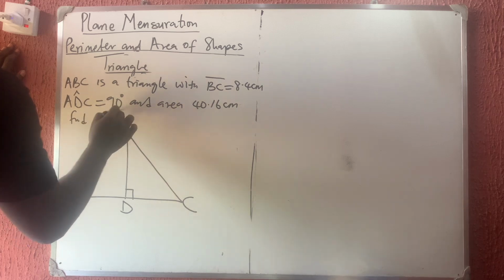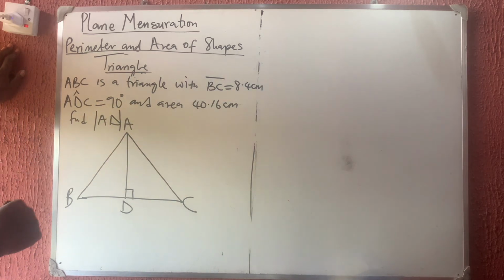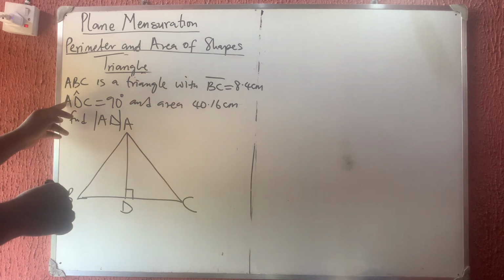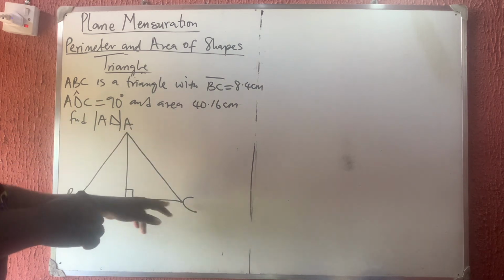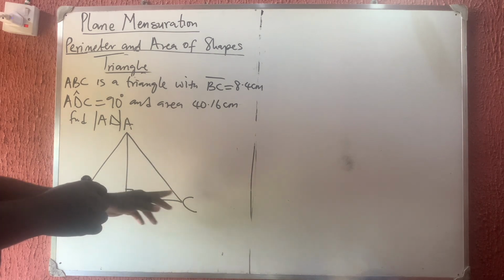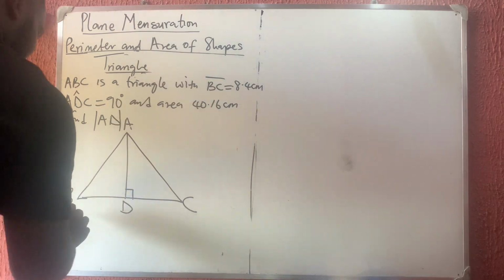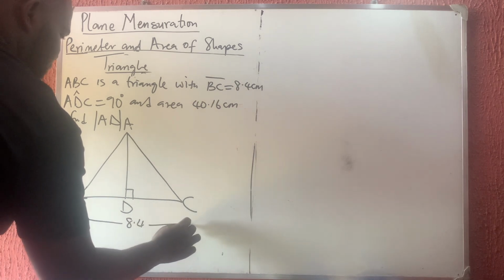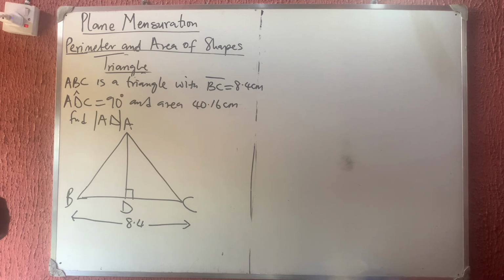Sorry. Let's have it like this. So they gave us that angle ADC is 90. Then we now have that BC from here to here is 8.4.